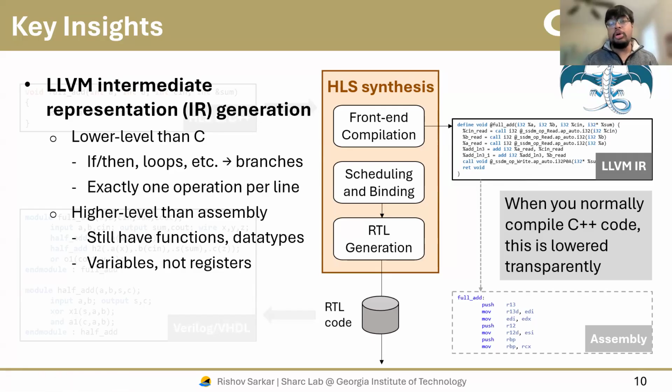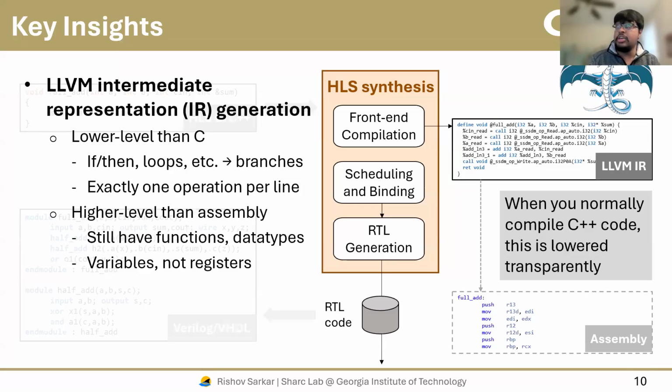The original reason why it's designed is that it provides something that sits between all sorts of different input languages like C or C++ or even Rust. Those can all get translated to LLVM IR, and then the LLVM IR can be translated to x86 assembly or ARM assembly or any number of computer architectures that are supported by the LLVM project.